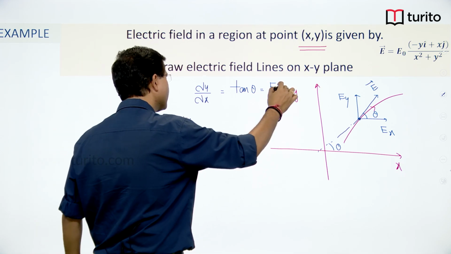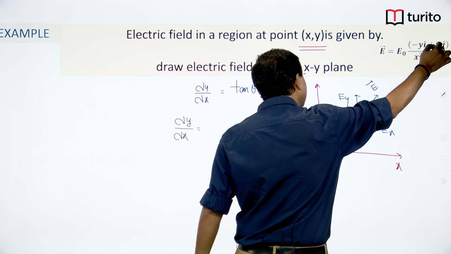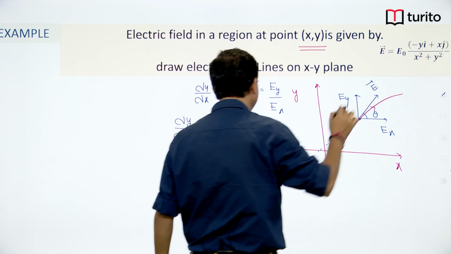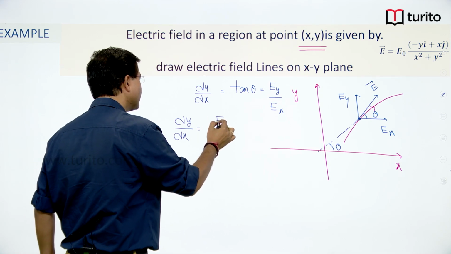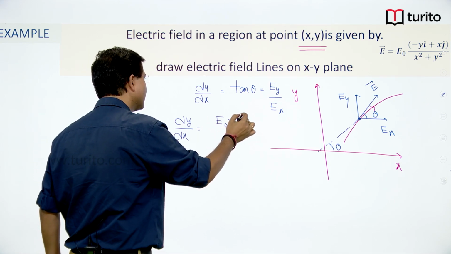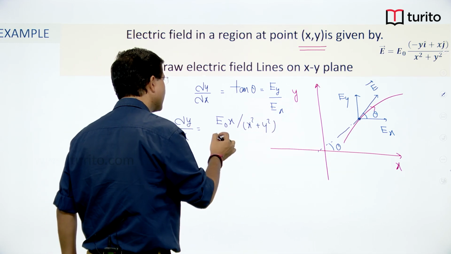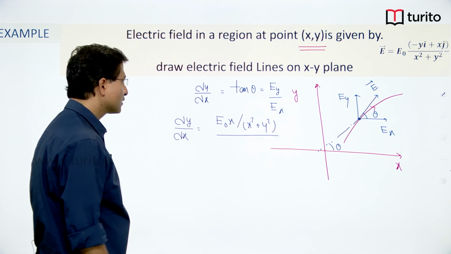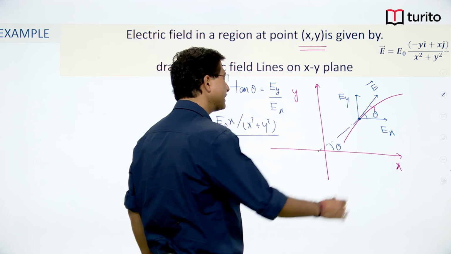From here the y component is E naught x divided by x square plus y square, divided by, now I require the x component. What is the x component? I cap.